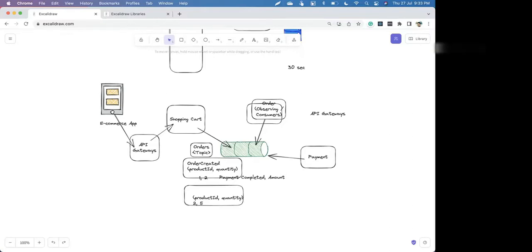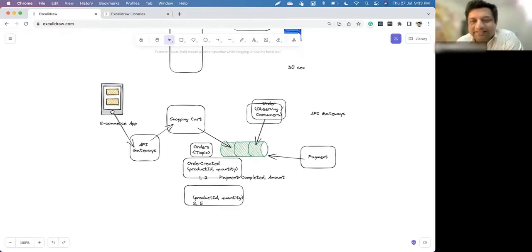Okay. Basically, you can do this with a common database also, right? But databases are slow. In a queue, you may have messages, and messages may be categorized into topics also, right? So basically you are creating new events, right?